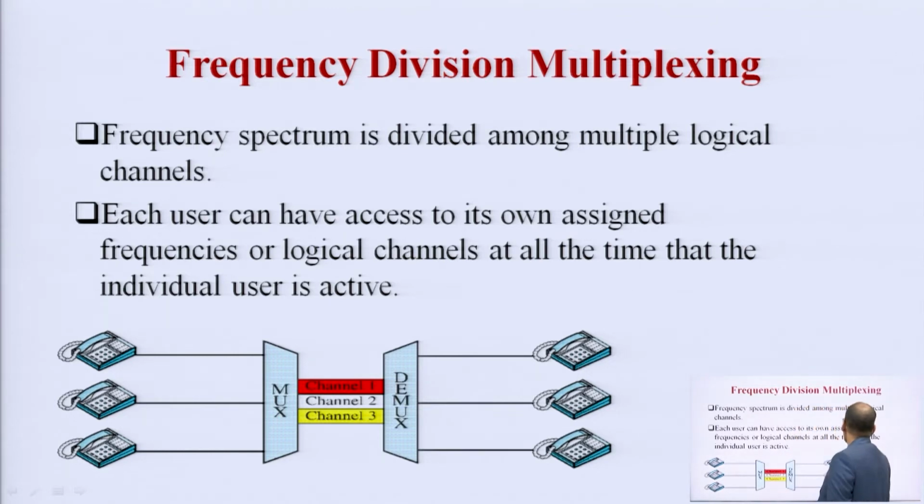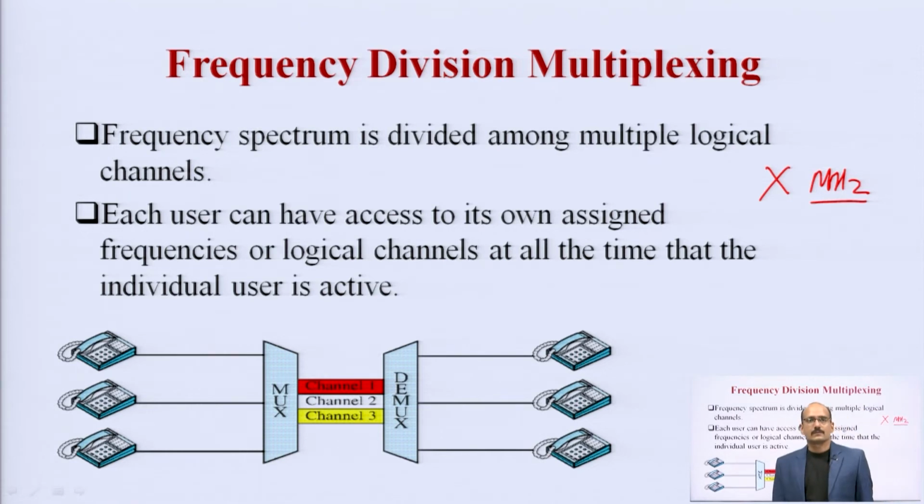If we have x megahertz of frequency bandwidth, then we divide this x megahertz among n number of users by dividing it by n.